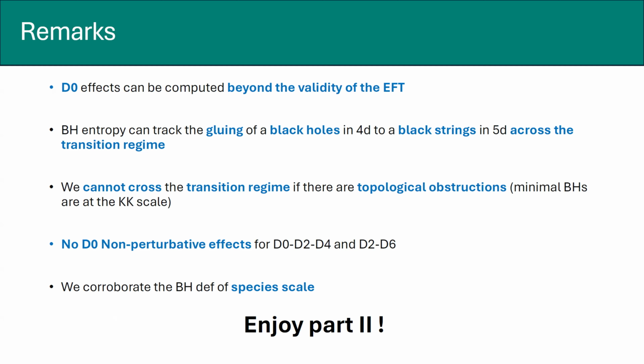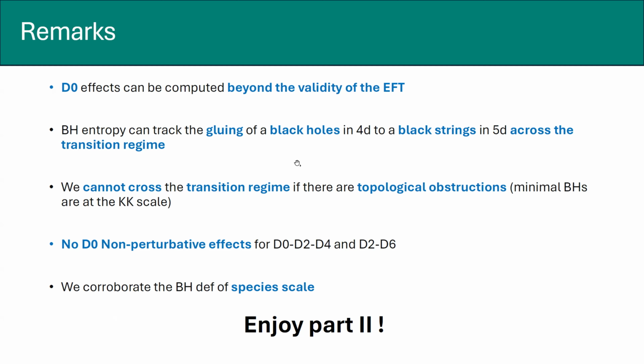The 4D theory, in principle, is breaking down, at least its asymptotic expansion is completely breaking down, but actually by resumming this correction, we are able to show that the entropy is not seeing any jump or discontinuity, it's just behaving smoothly and it's finite during the whole phase transition. Then we've been able, to the best of our knowledge, to show for the first time a quantitative gluing among 4D black holes and 5-dimensional black strings across the whole transition regime.